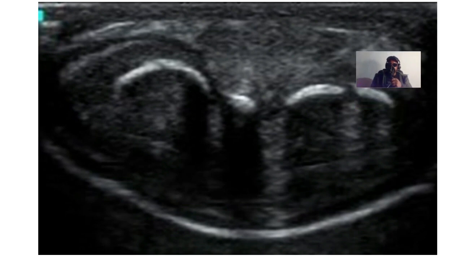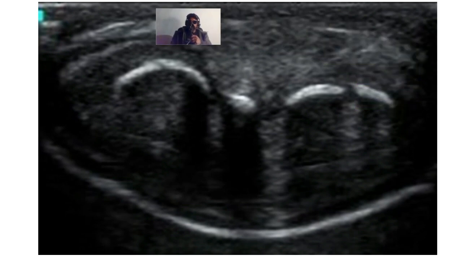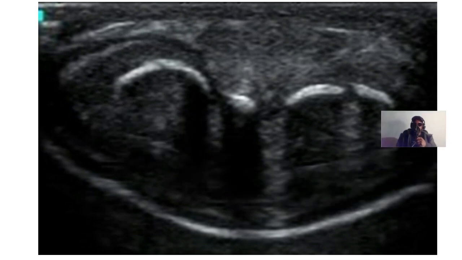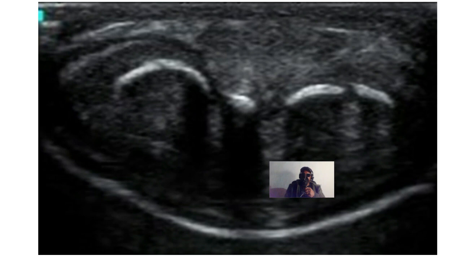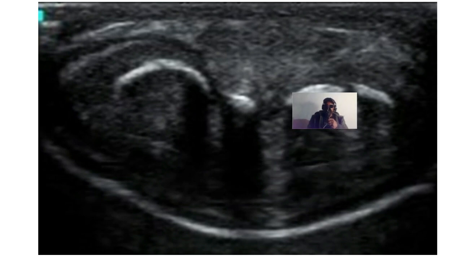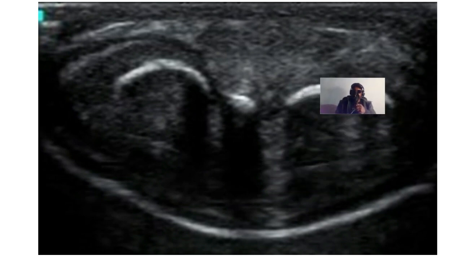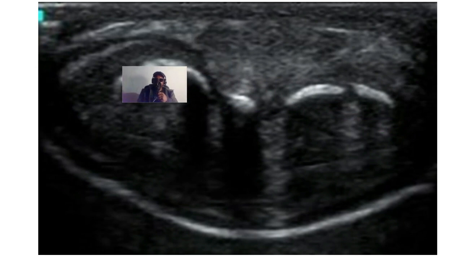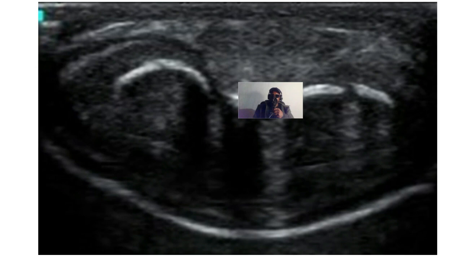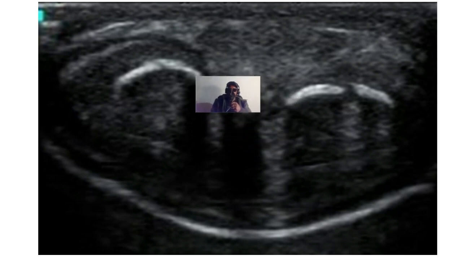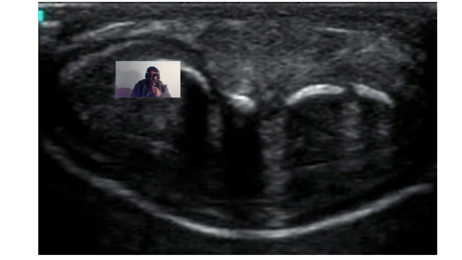So you can see here that's the penis in transverse section, and you can see here on the tunica albuginea these calcifications casting posterior shadows here.